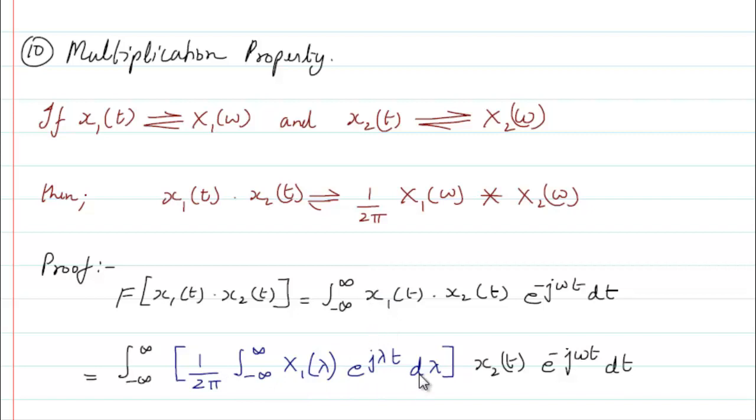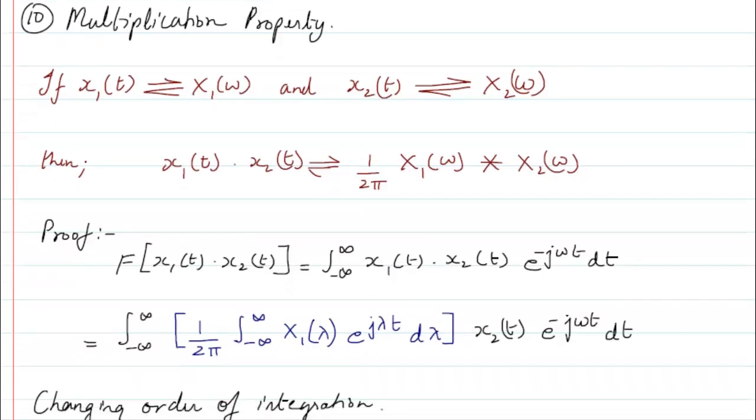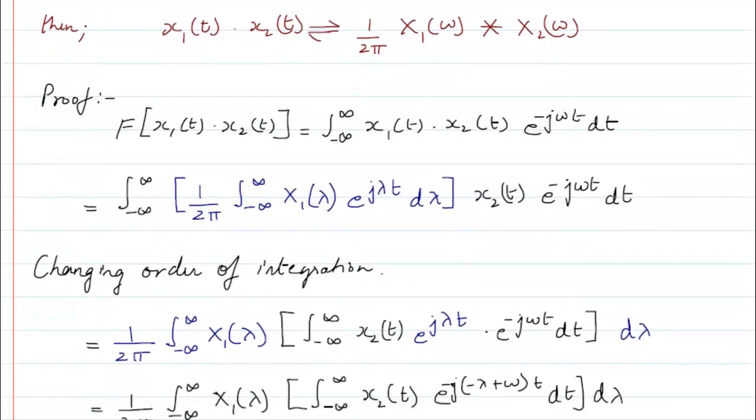If I do that, and then change the order of integration, you can see this is lambda, this is t with respect to dt. So dt I will take inside, and this one also I will take inside, whereas the lambda portion I will take outside. So d lambda I will take outside.